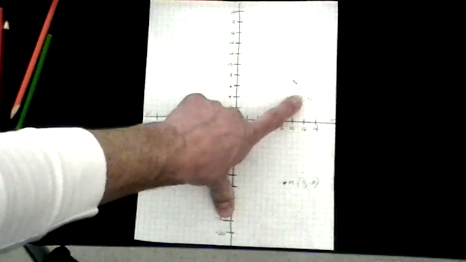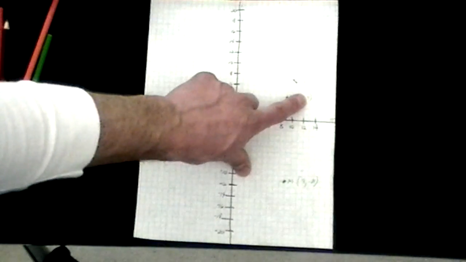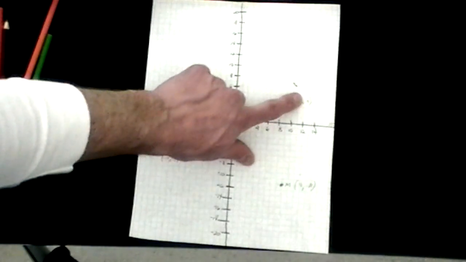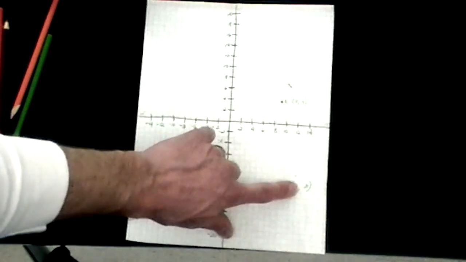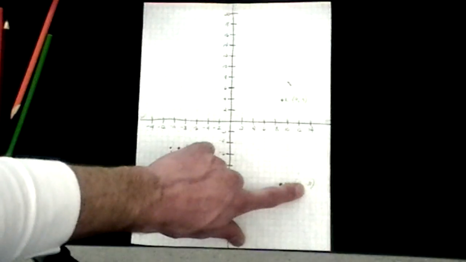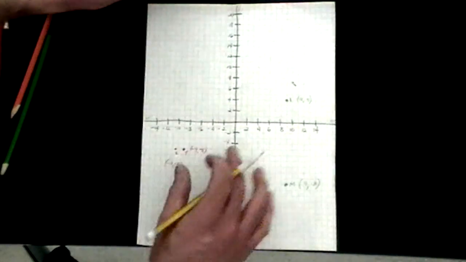To solve this problem, I can think back to section 3.9 when we were talking about distances between 2 points. And if you remember, we can take the 2 coordinate points and compare the 2 that change. So in this case, it looks like our x coordinates stay the same. Our y coordinates change from 4 to negative 11. So I want to compare those 2.